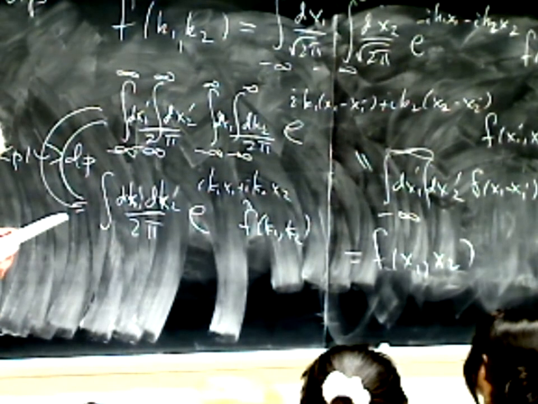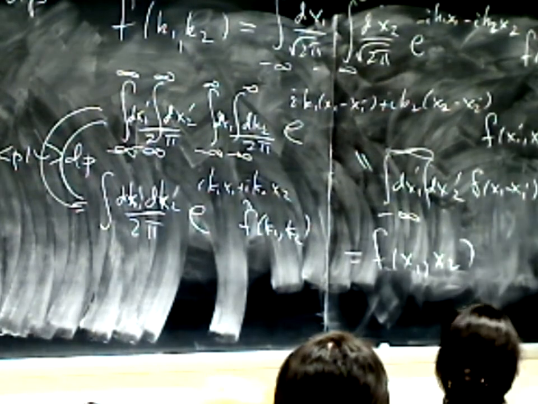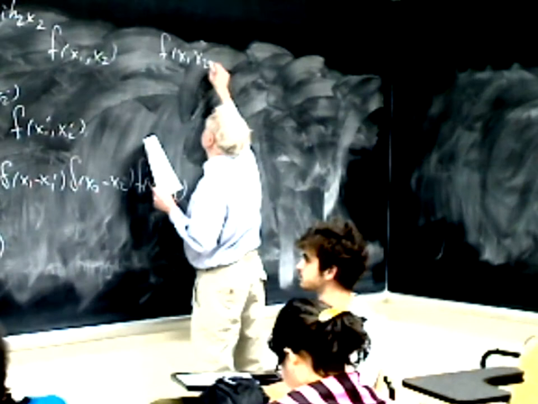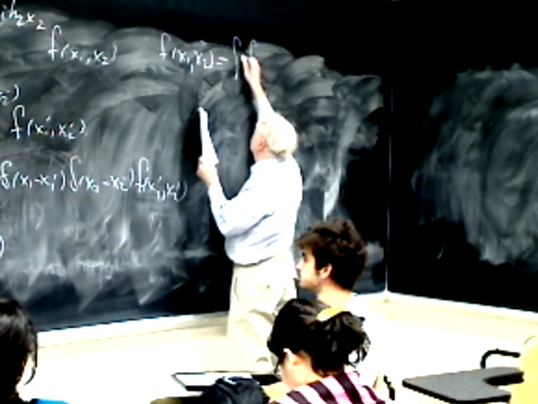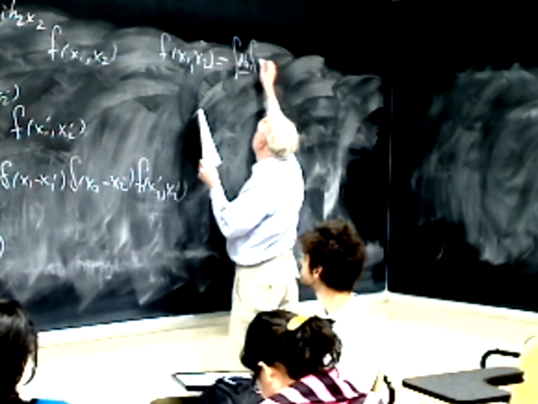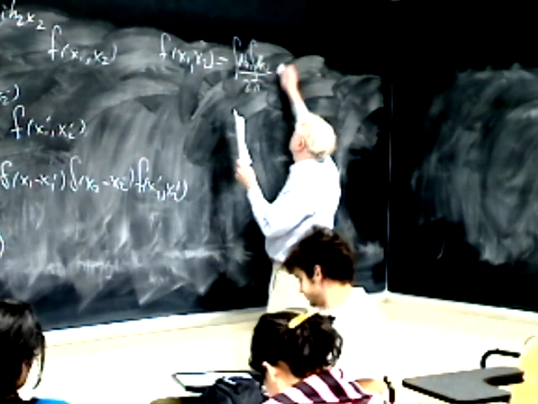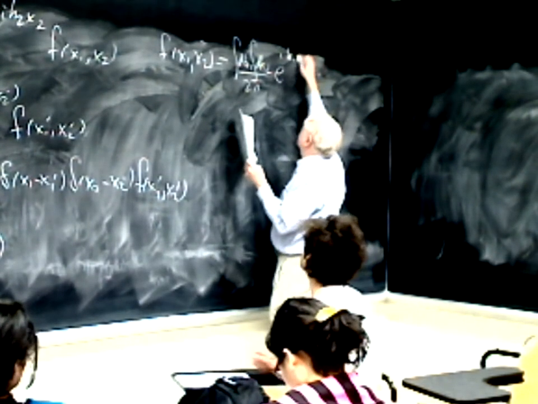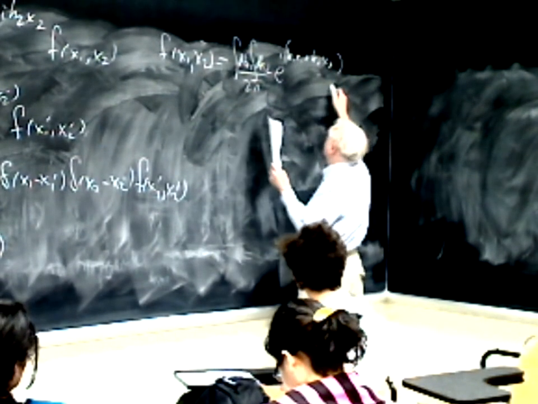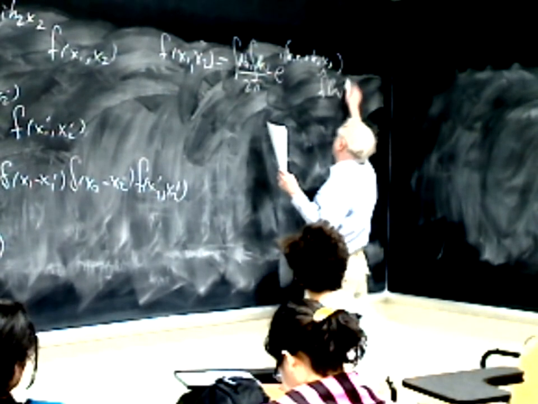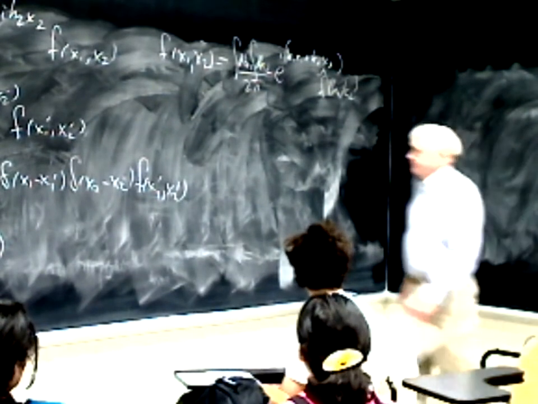Okay. So in other words, the inverse Fourier transform relation is f of x1, x2 equals integral dk1, dk2, and then just one factor of 2 pi, e to the i (k1 x1 plus k2 x2), f hat of k1, k2.